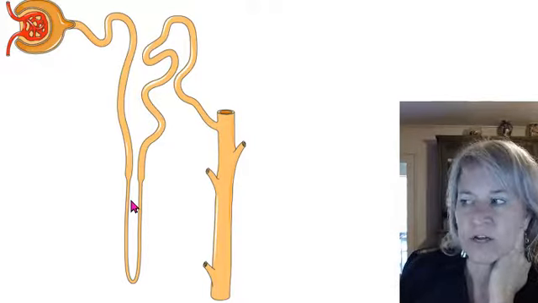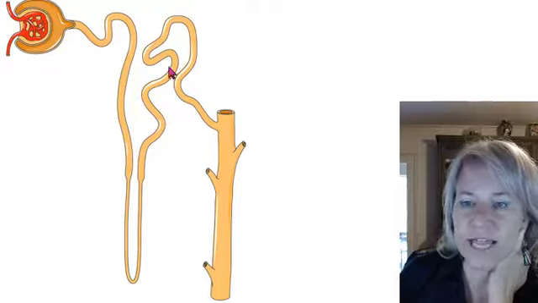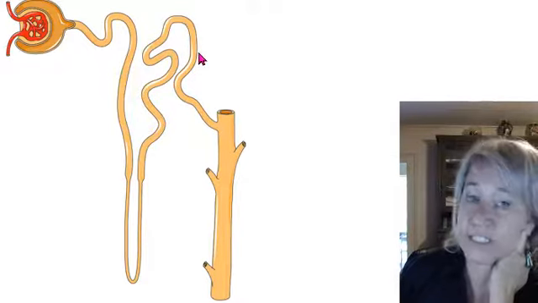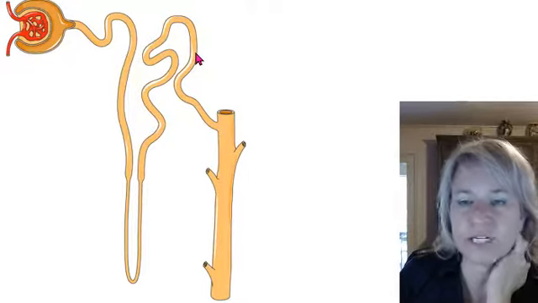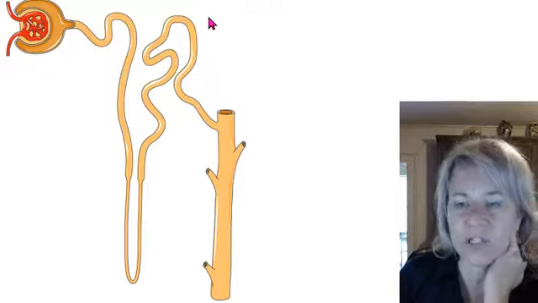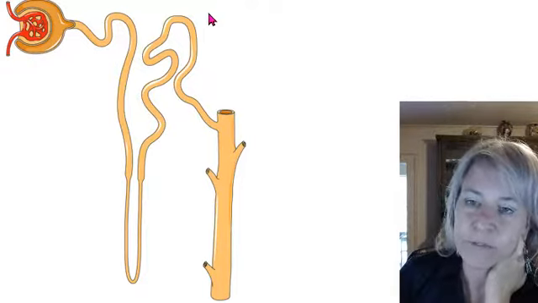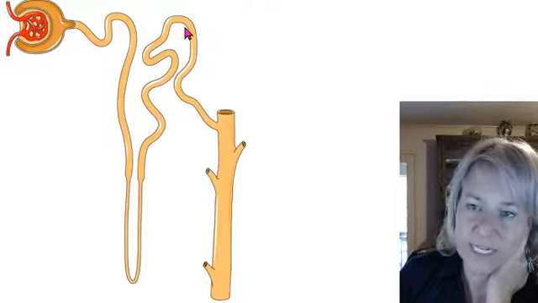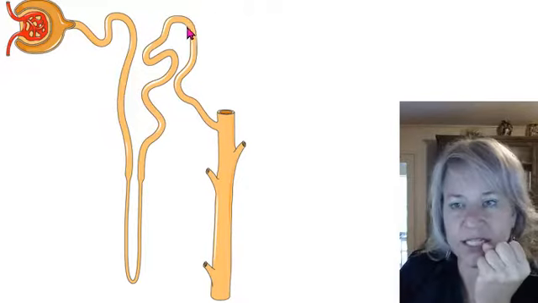to concentrate the urine. Then we have the last twisty tube, which is the distal convoluted tubule. Again, it's going to reabsorb any good nutrients that you do not want to lose in the urine, but it can also take bad stuff that's still in the blood and put it into the urine.